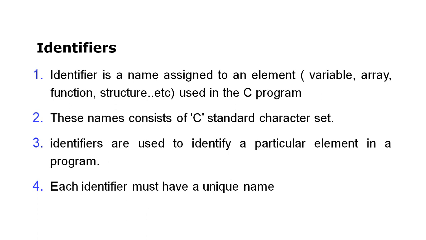Identifiers are the names given to a variable, array, function, structure, etc. It may be a variable name, an array name, a function name, or a union or structure name. These are user defined data types used in the C program.